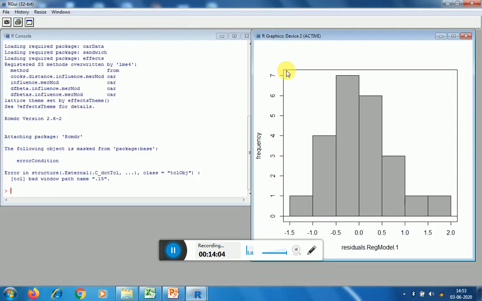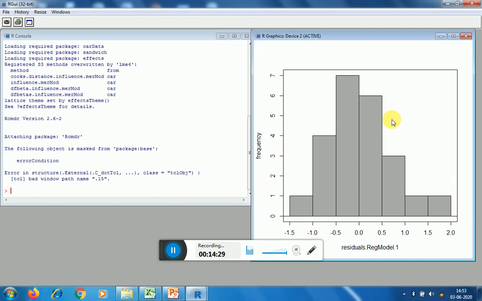You can see this graph seems to be skewed, even though it appears to be normal. But if you see this graph carefully, if you plot a hypothetical normal distribution curve, it will go like this. So it seems that it is left skewed, it is not a normal type of curve.